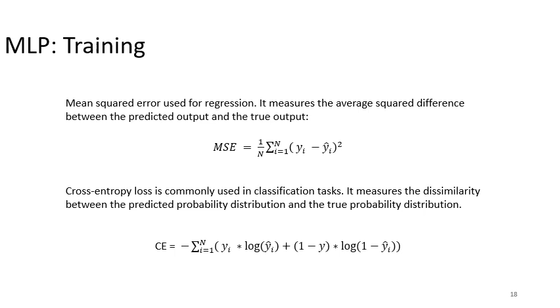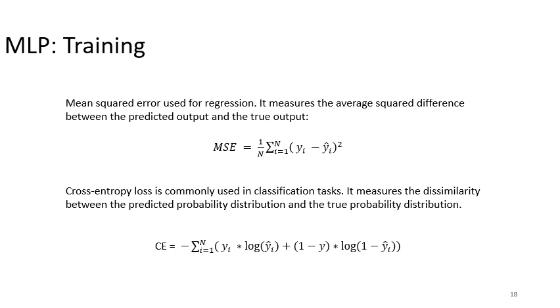The formula for binary classification can be written as follows. It is the sum from i equals 1 to n of yi multiplied by the log of the predicted value, plus 1 minus yi multiplied by the log of 1 minus the predicted value y hat i.